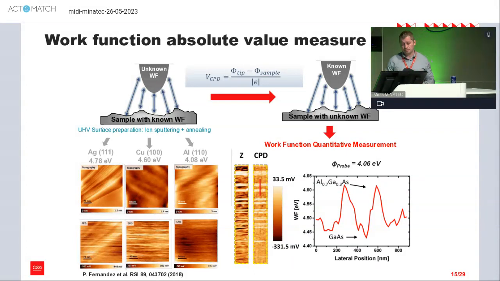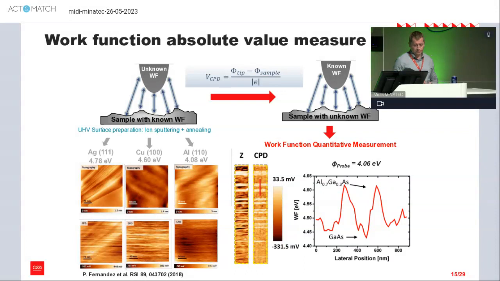And with this system, we can change the sample afterwards and scan, for example, a sample whose work function we don't know. So here is the example of multi-layers with aluminum gallium arsenide and gallium arsenide, where there is the axis where we have directly absolute work function.